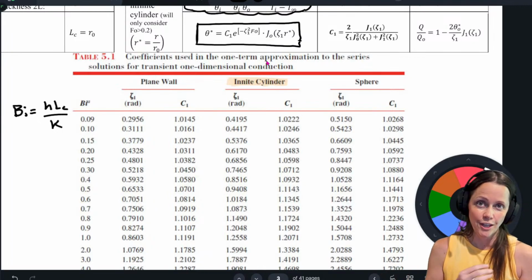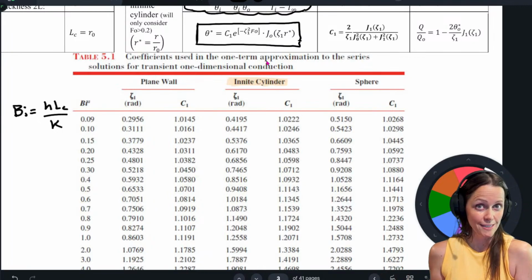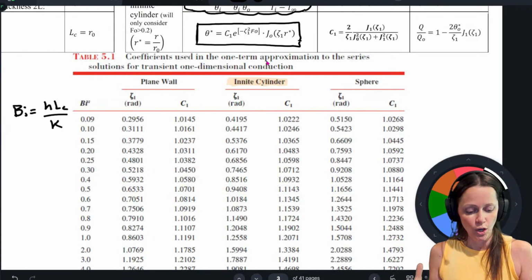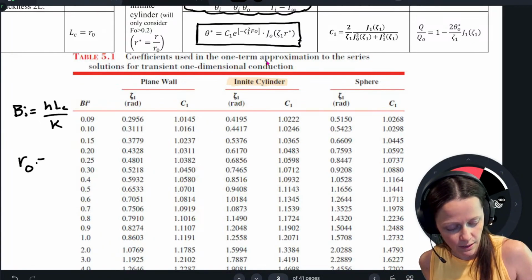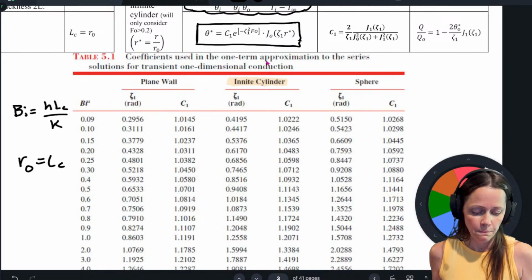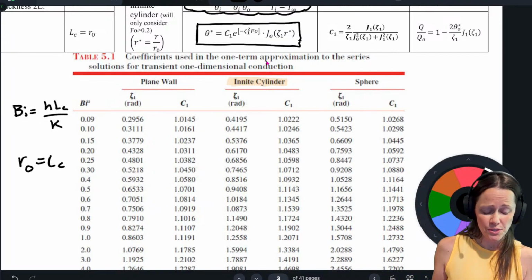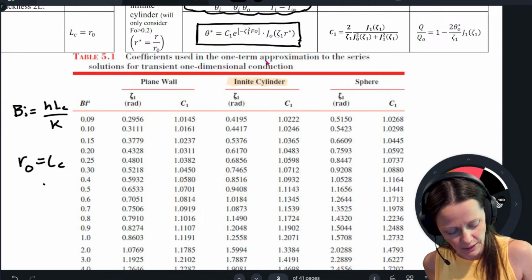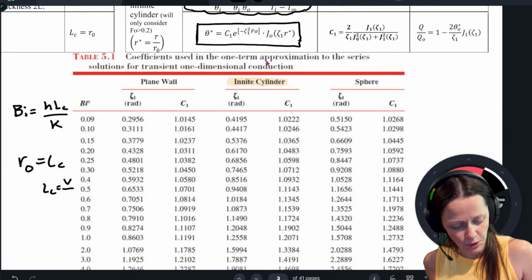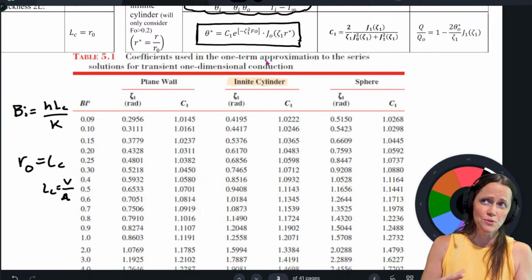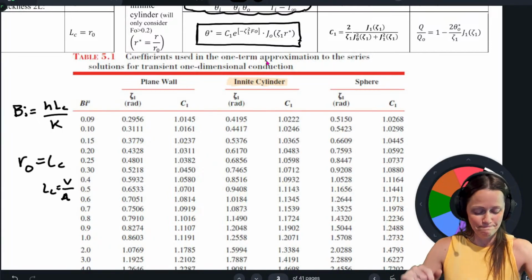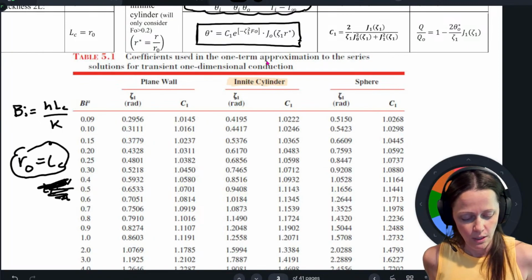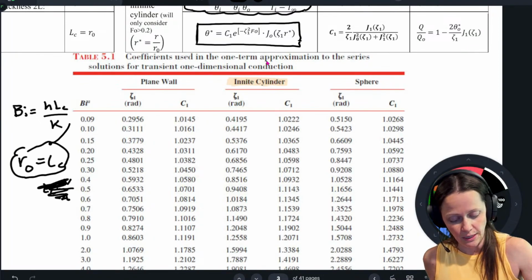When you calculate your Biot number to see if the lumped capacitance method is valid, you wanted to be conservative, so you would use R naught for your Lc. And then when you actually used it, that Lc, defined as volume over area, would be R naught over 2. Don't even have to worry about that. It's R naught, and that's what you're going to use here.